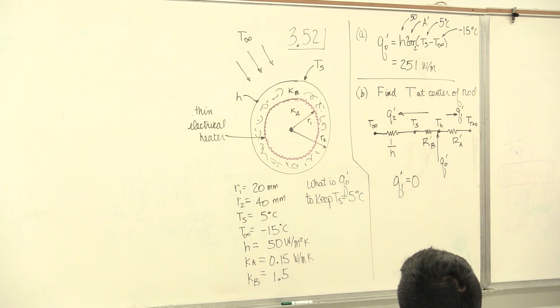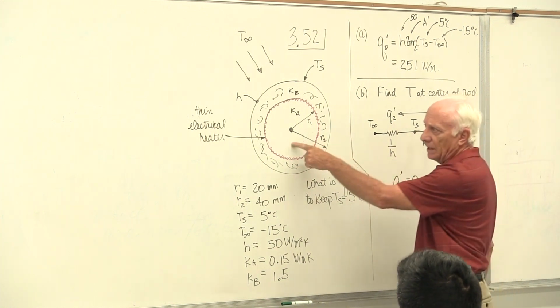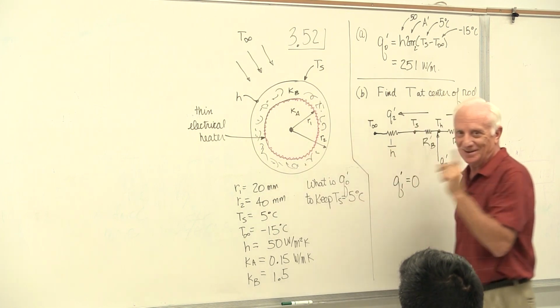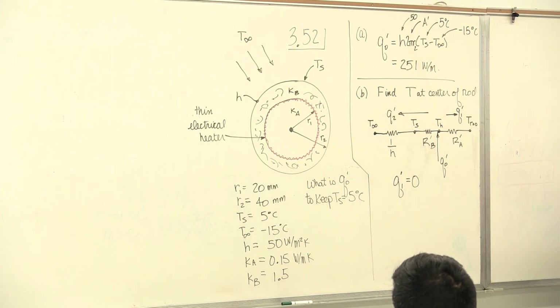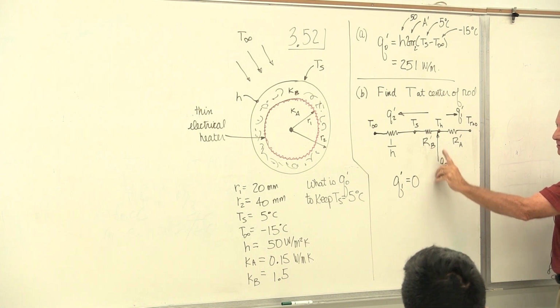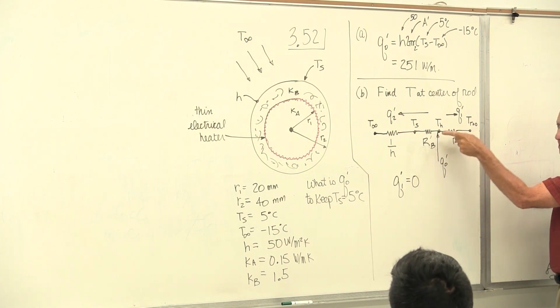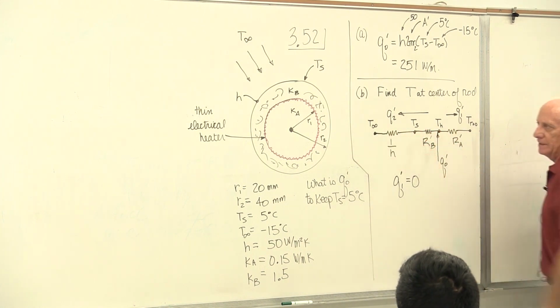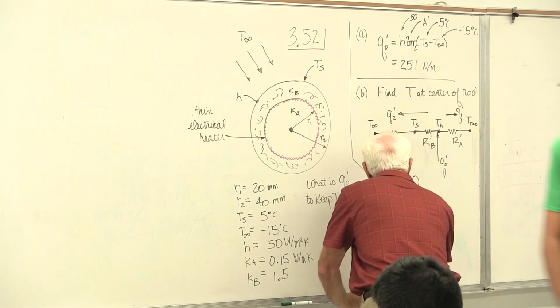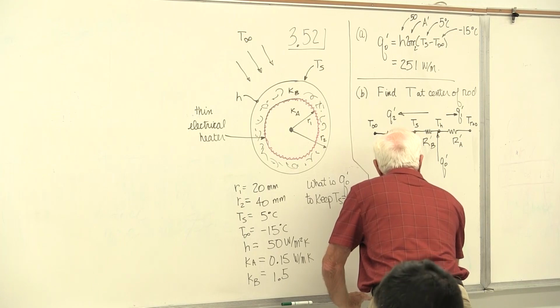So the temperature of material A is not allowed to change with time. Therefore no heat can go in there. That's the key. All the heat goes out this way. Heat comes in to T_H and then makes a sharp left turn and goes out to T infinity. So T_H is the same as T at r equals 0.